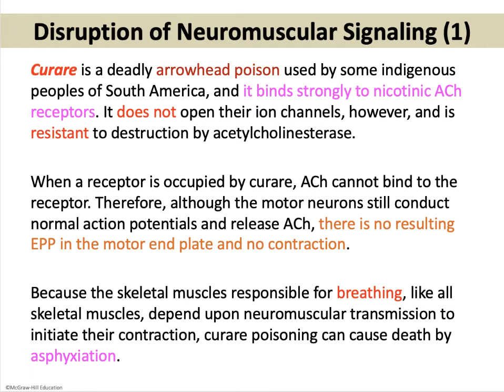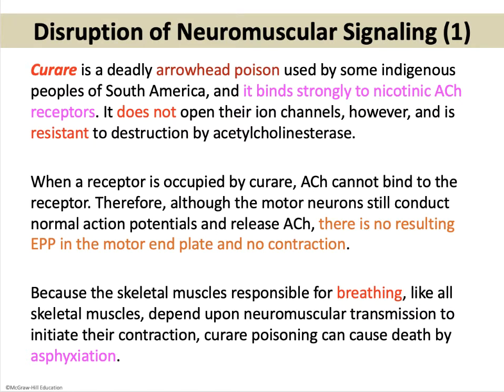One of the most curious is the arrowhead poison used by indigenous tribes in South America. So this normally comes from the skin of a frog, and they rub their arrowheads onto the skin of the frog, therefore transferring the poison to be used on their victims.